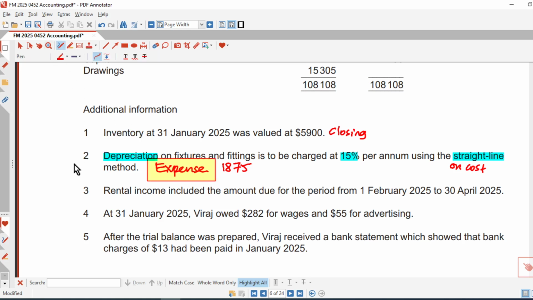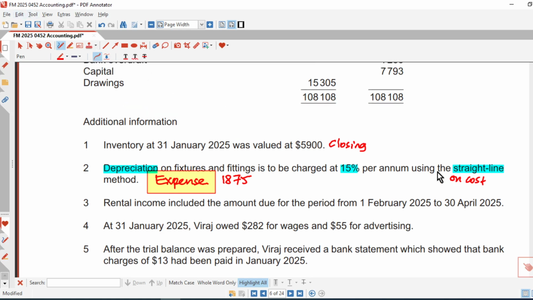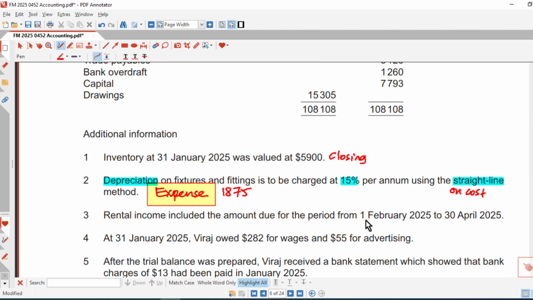For note number 3, rental income included the amount due for the period from 1st February to 30th April. When is our financial year end? 31st of January.